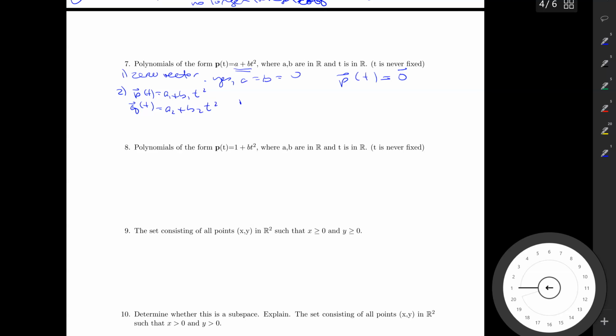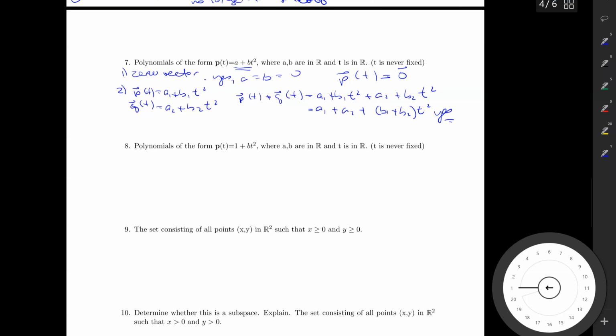That's the question. I get A1 plus A2 plus B1 plus B2 times the t squared. Yes, this is the same structure of the polynomials in this subspace, so yes, it stays in the subspace.